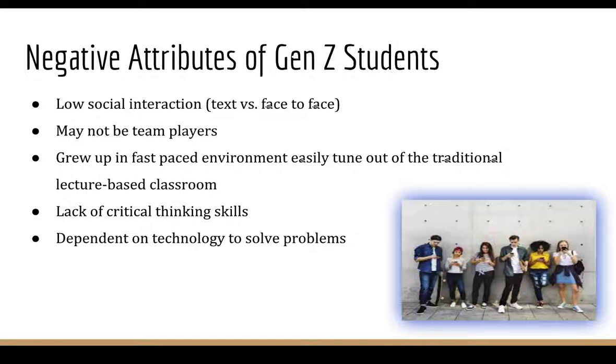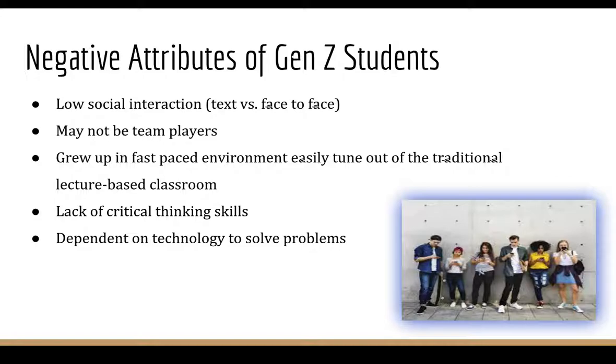And also, because they use technology so much, they have grown up in a fast-paced environment. Versus the traditional lecture-based classroom where you sit, you look at the presentations your teacher gives, books, paper, pencil.